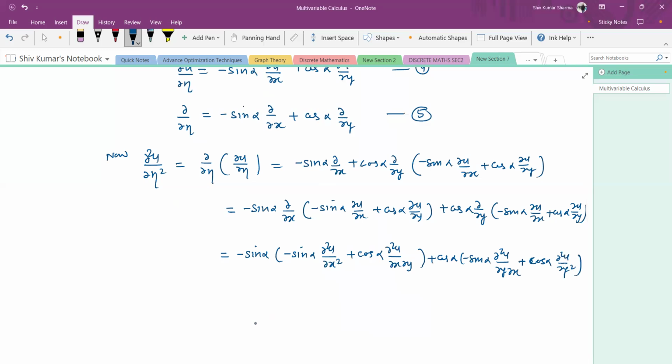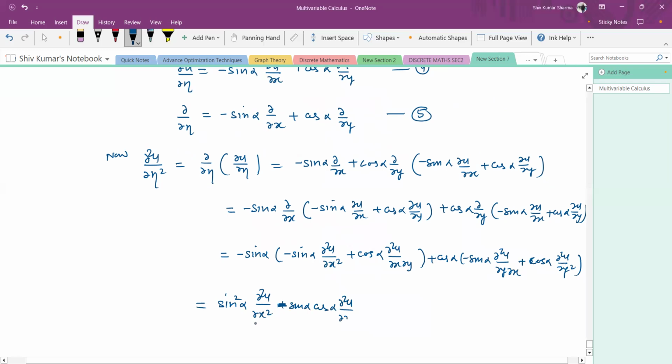So now we write this as sin square alpha del square u upon del x square, minus sin alpha into cos alpha del square u upon del x del y, minus sin alpha into cos alpha del square u upon del y del x, which can be written as del square u upon del x del y, plus cos square alpha del square u upon del y square.